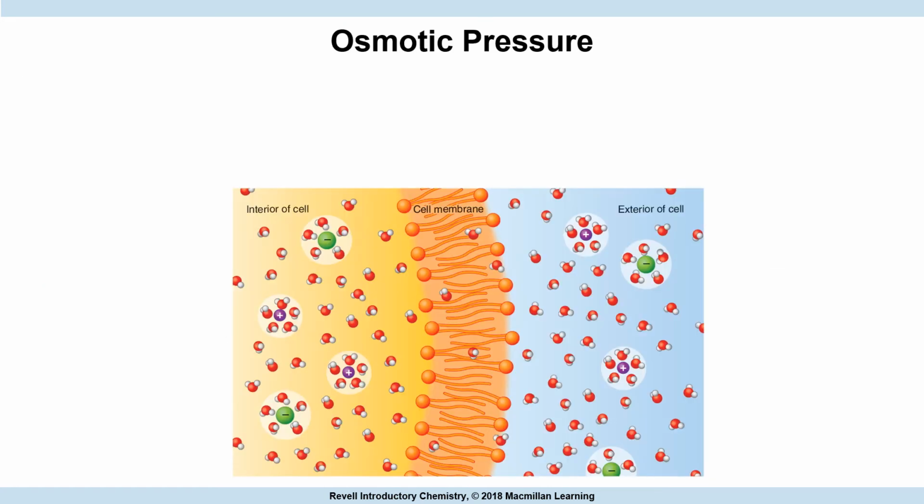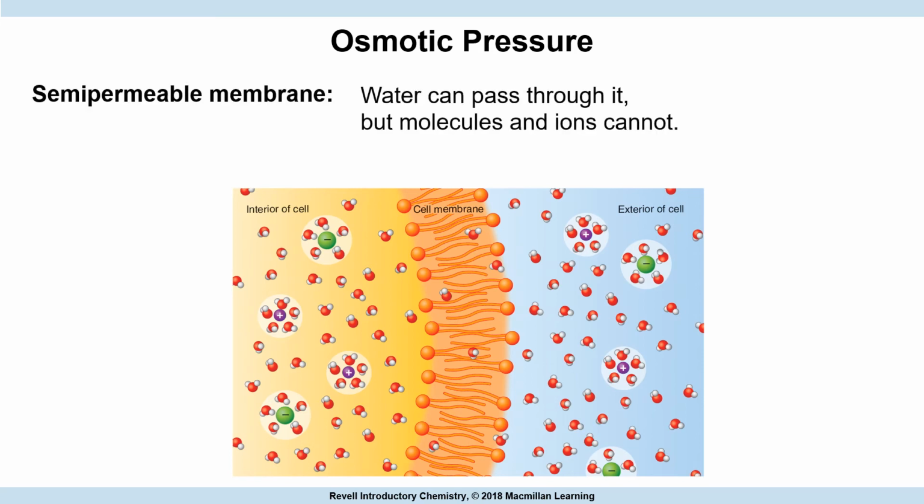Alright, one other phenomenon that relies on colligative properties is osmotic pressure. Osmotic pressure is the way that water moves across a semi-permeable membrane, in which the water can pass, but molecules or ions cannot pass through, similar to the cells in our body, and that's what's shown here: exterior of a cell, interior of the cell.